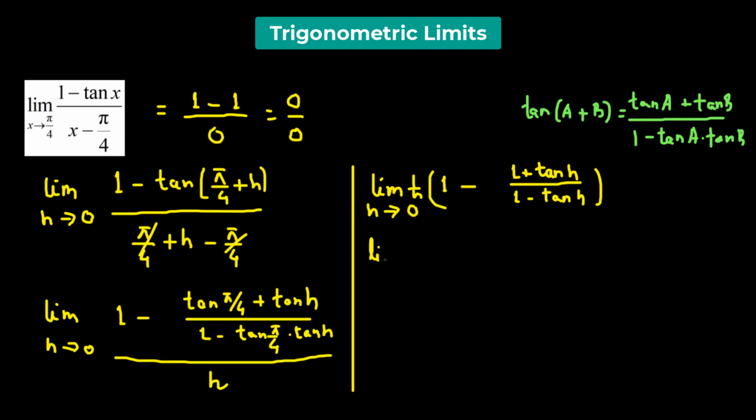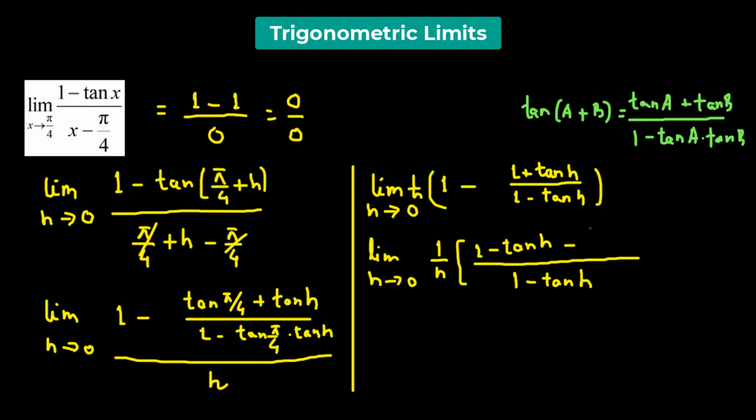Now we have limit h approaching 0, 1 over h multiplied by, so we're going to combine 1 and the second term. So 1 minus tan h is going to be the common denominator. We cross multiply 1 with 1 minus tan h, and that becomes the first term of the numerator, minus 1 plus tan h.